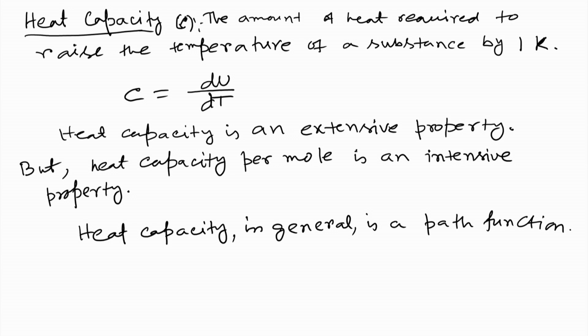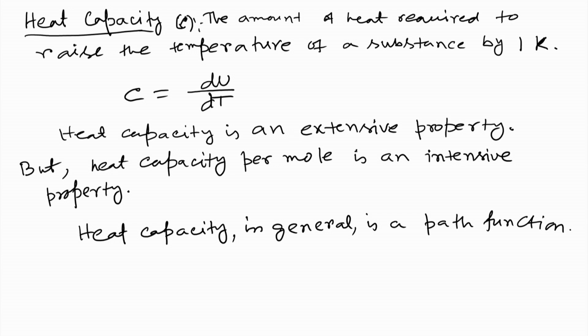In both cases, we get different heat capacity values. So, heat capacity in general is a path function, but heat capacity at constant pressure Cp or at constant volume Cv are state functions.